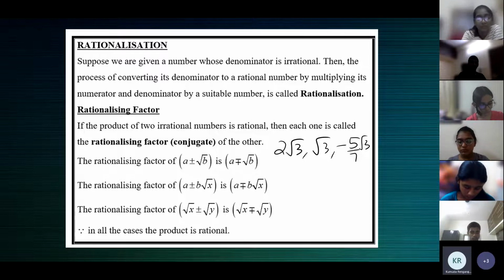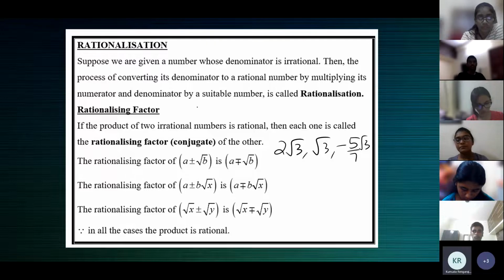Expressions that are irrational are called surds. Now here 2 root 3 and 5 by 7 root 3 are like surds. The surd factor in it is root 3, that irrational factor.